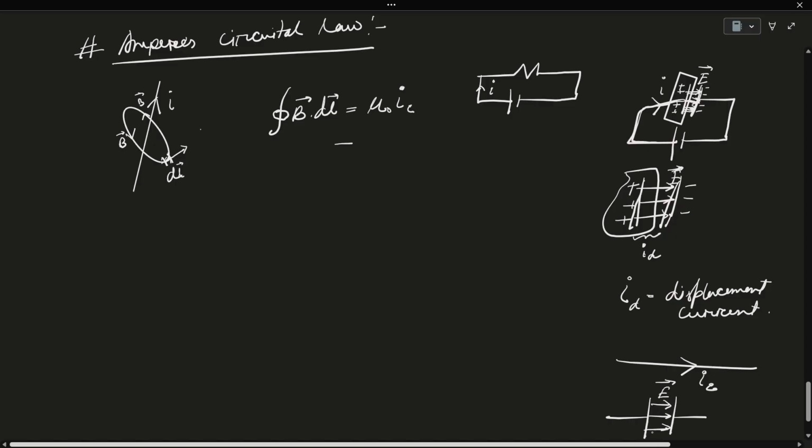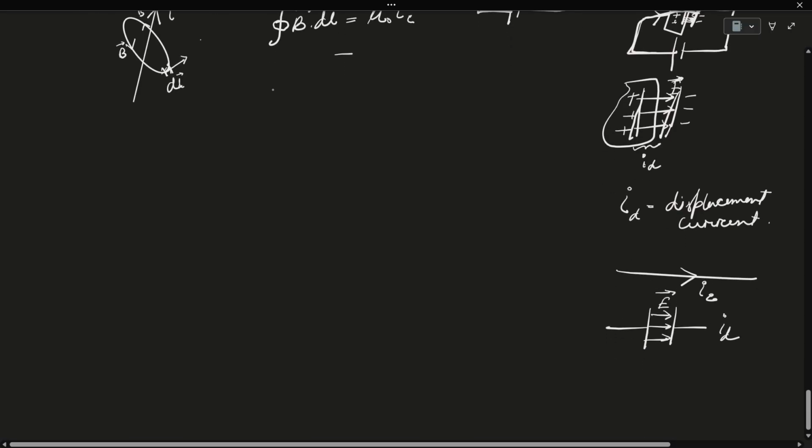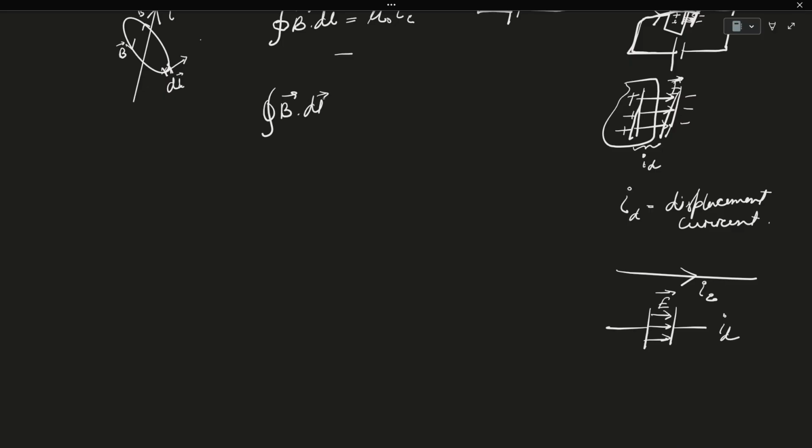so that Ampere's circuital law is valid. This current is called displacement current. According to Maxwell, he wrote it as B dot dl equals mu naught (I_C plus I_D). Where there is a conductor and a current is flowing, in this case I_C is there and there is no I_D. So for a conductor, there will be no displacement current, since there is an actual current, that means conduction current.